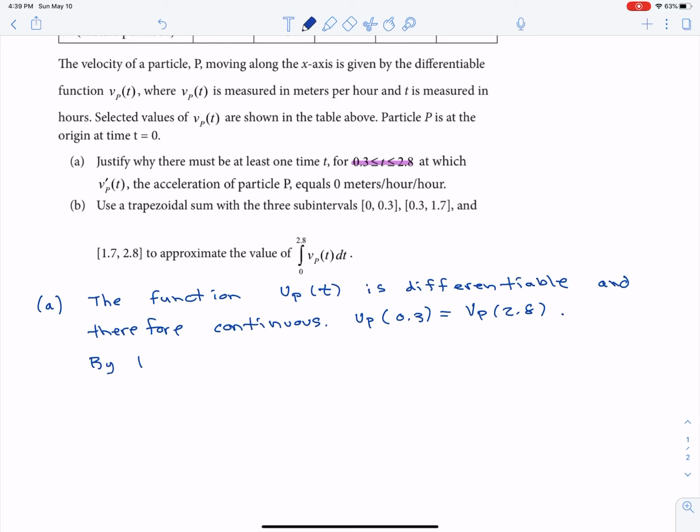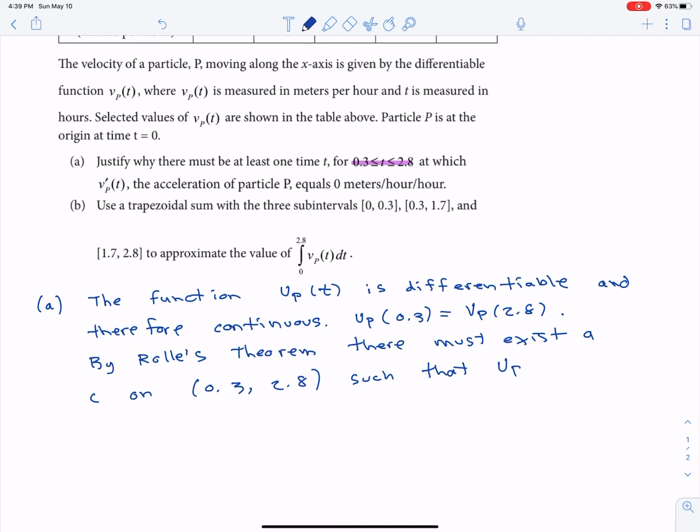You could use the mean value theorem. You could just say the slope of the secant line equals 0 and go through and do it that way. But Rolle's theorem in this case is easier. So by Rolle's theorem, there must exist a c on 0.3 to 2.8 such that v prime of c equals 0. Okay?